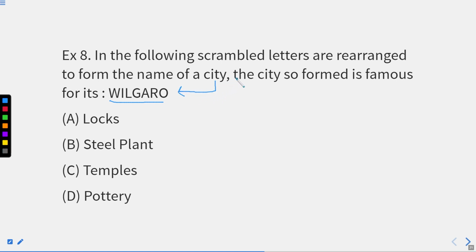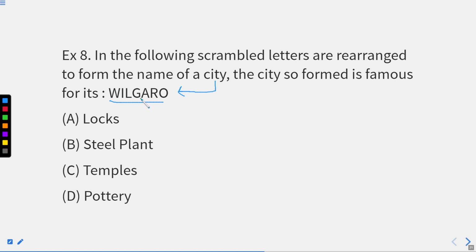The city so formed is famous for its, now we need to figure out what this particular city is famous for. So my friend, as we did in the second question, we need to rearrange the letters to form a meaningful word, and we have a hint that this word will form a name of a city.